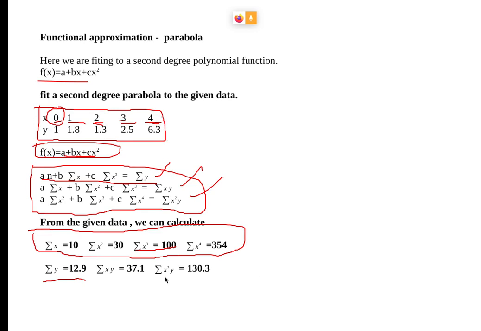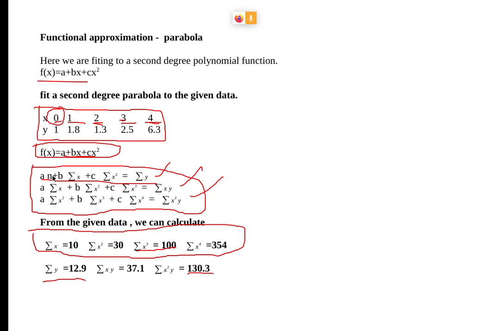And then we need to calculate sigma x square y, taking the square of the x terms into y: 0 square into 1 plus 1 square into 1.8 plus 2 square into 1.3 plus 3 square into 2.5 plus 4 square into 6.3, so that we will get the value 130.3.